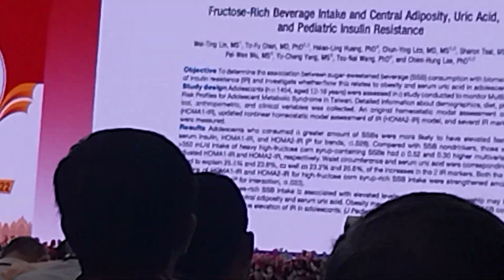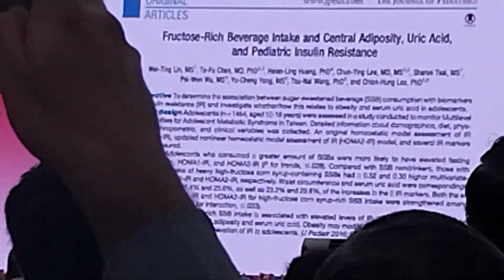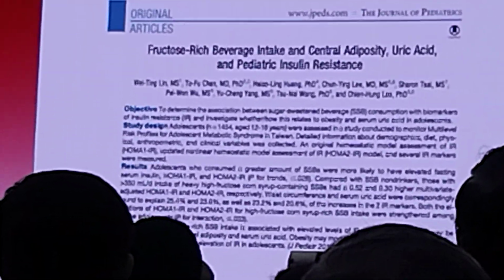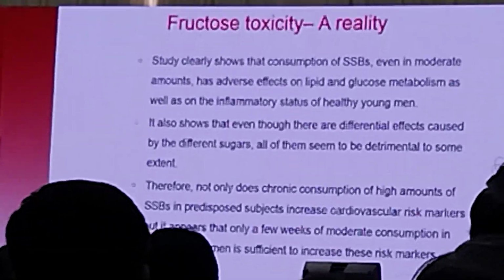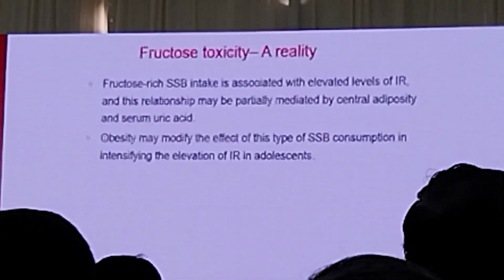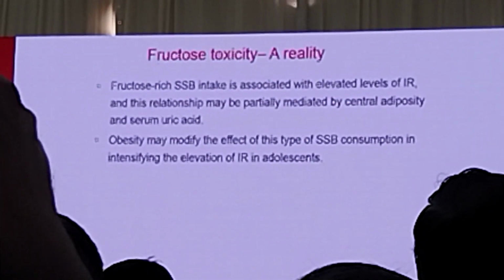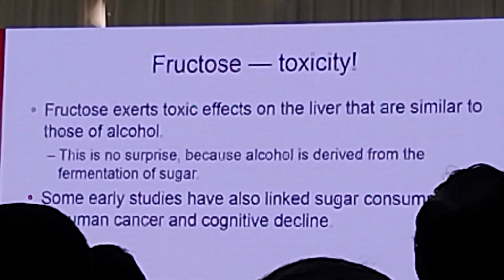So fructose-rich beverage intake is linked to central obesity, uric acid, and pediatric insulin resistance. Today we see children coming with obesity, acanthosis nigricans, axillary fold freckles. So fructose toxicity is a reality, and all the beverages are very dangerous. And fructose toxicity is similar to alcohol toxicity.